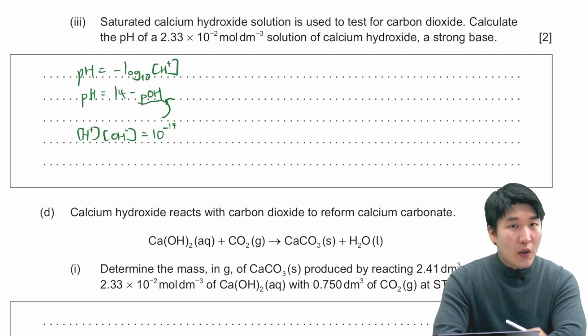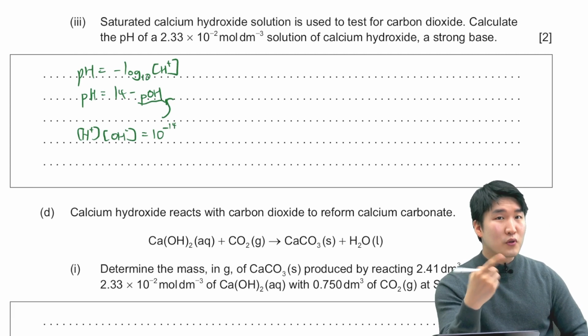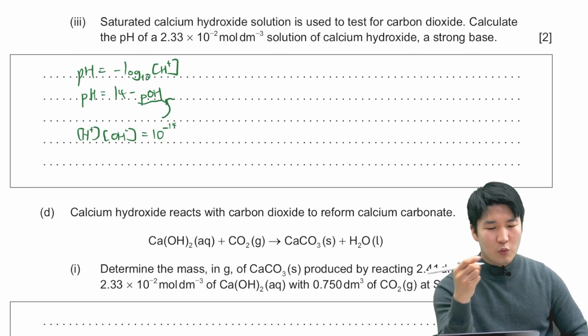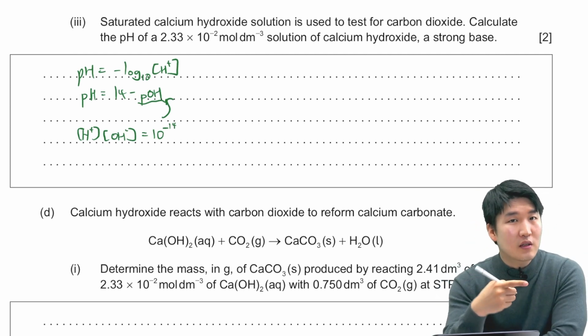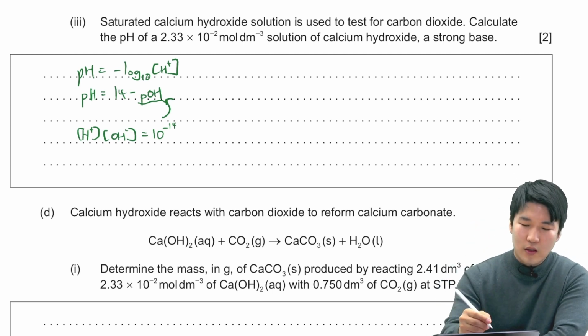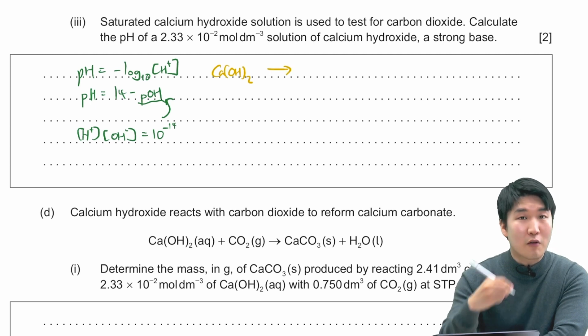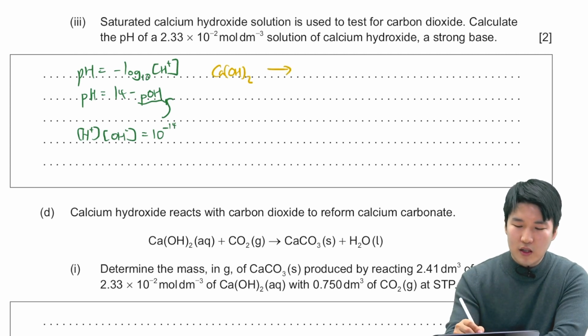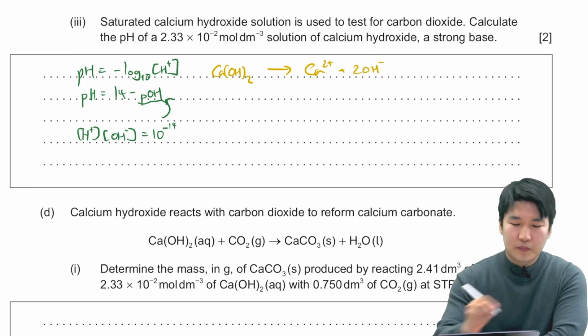Going to work out pOH because we know calcium hydroxide will produce OH minus when dissolved in water. We call this dissociation. And how does calcium hydroxide dissociate? Well, calcium hydroxide would dissociate completely in water, which we can represent as calcium hydroxide turning into calcium 2 plus and 2OH minus.